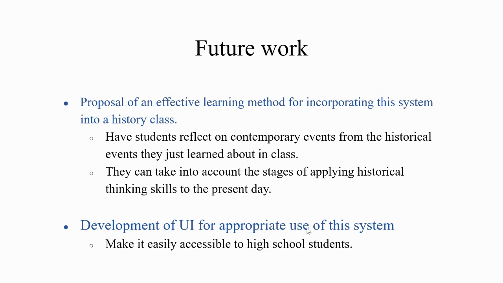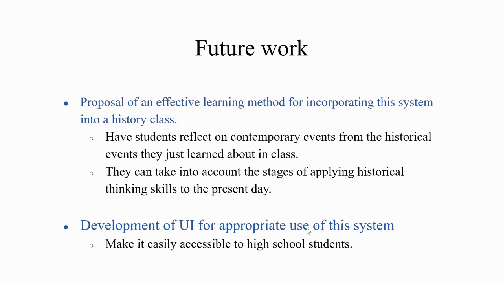The first is a proposal of an effective learning method for incorporating this system into a history class. Have students reflect on contemporary events from the historical events they just learned about in class. By doing so, they can take into account the stages of applying historical thinking skills to the present day.